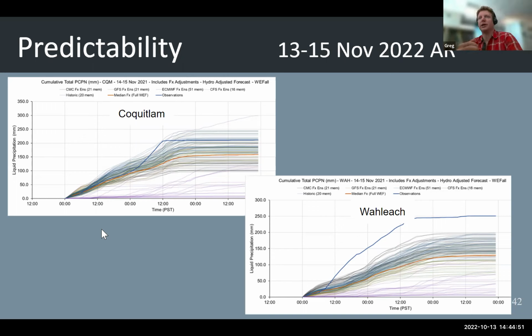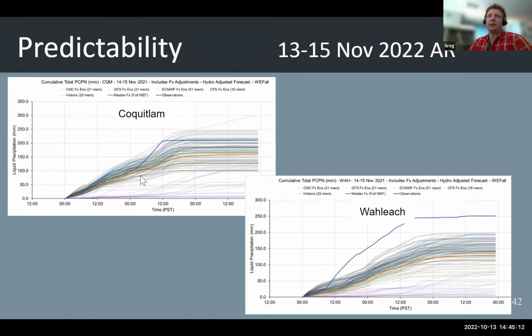We tried to engineer it so that it would have a lot of dispersion to better capture the possible extreme ends of the forecast distribution. There are 167 models that go into it, so it's quite a large ensemble. And this is what the forecast looked like for this last November's event.